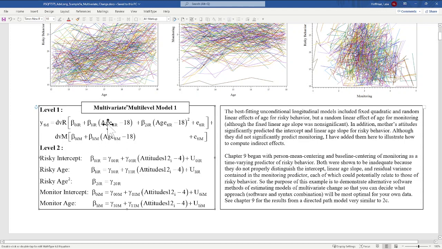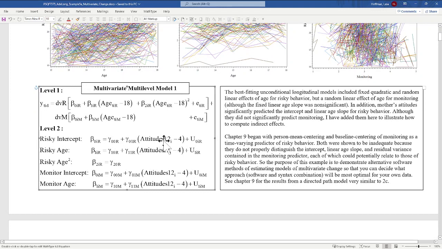So we have a quadratic level 1 model for risky, a linear level 1 model for monitoring, and then at level 2 we have parental attitudes at age 12, centered at 4 as a time invariant predictor of everything that has a random effect associated with it. So the risky intercept, linear slope, not the quadratic slope because it's not random, and the intercept and linear slope for age with respect to monitoring.